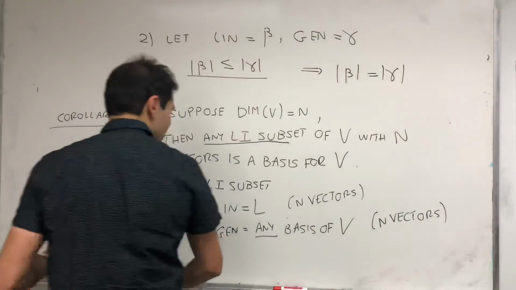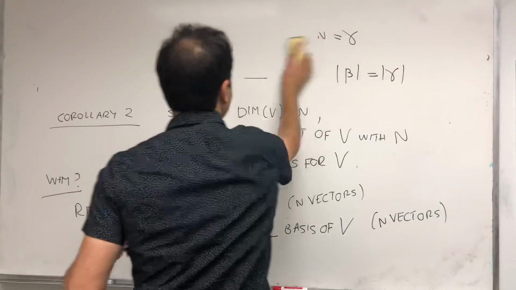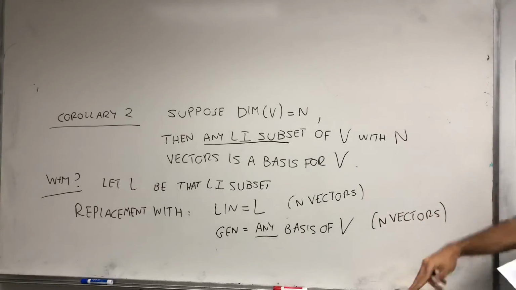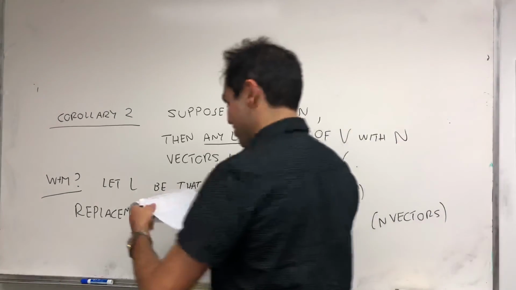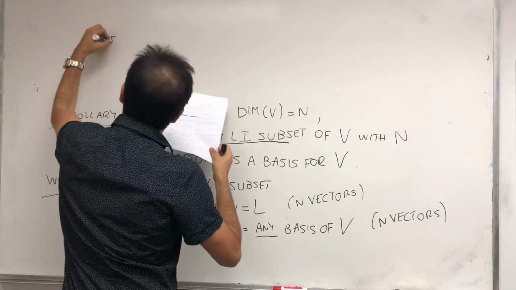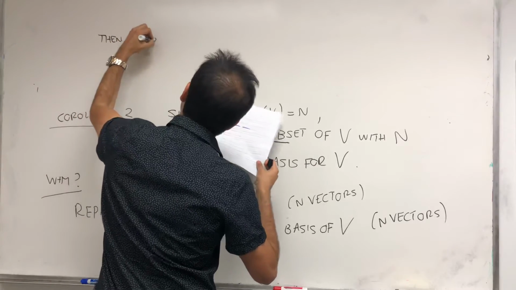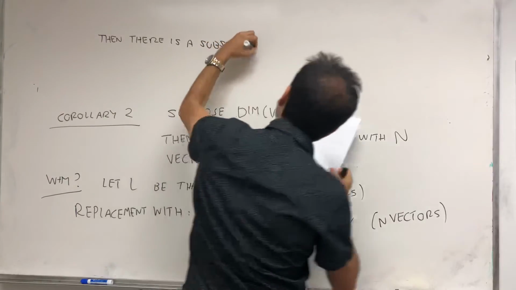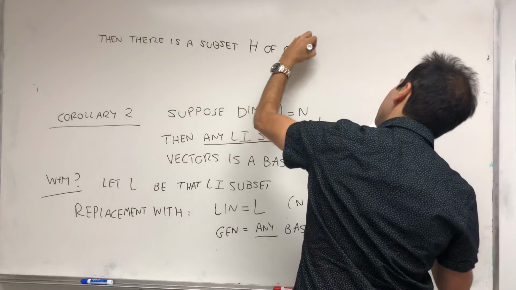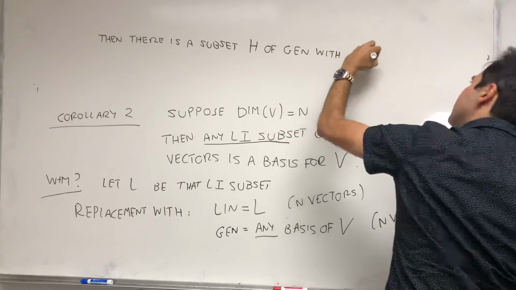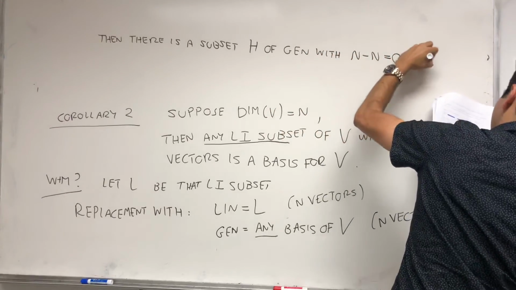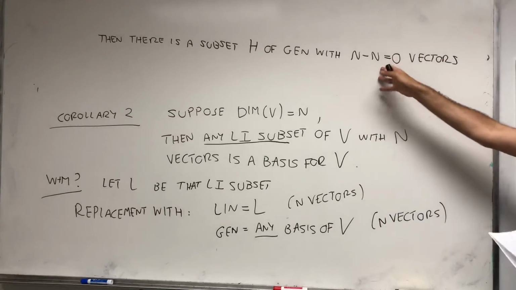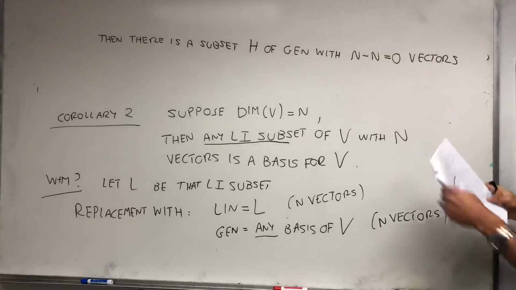Because it's finite dimensional. And so what does the replacement theorem say? It says we can actually add 0 vectors to L to get a generating set. Then there is a subset H of gen with, again, n minus n, which is 0 vectors. And what is a subset with 0 vectors? Well, it's the empty set.